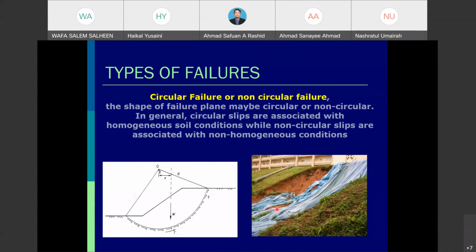This is a location in front of M47 in SKA, School of Civil Engineering. I guess most of you miss this block, M47. It is almost 2 years with no students, no face-to-face lectures in this block. This is a slope we consider as slope failure.